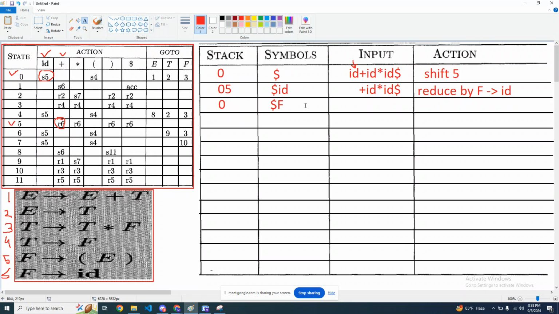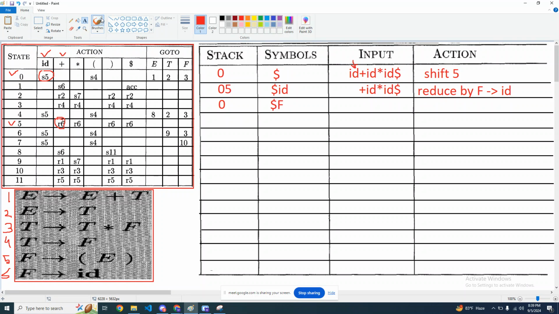Now we need to do part 2. For a reduce operation, what is part 2? For part 2, we need to check what is the current top of the stack. What is the current top of the stack? 0, right? Okay, so what is the current top symbol? F, right?